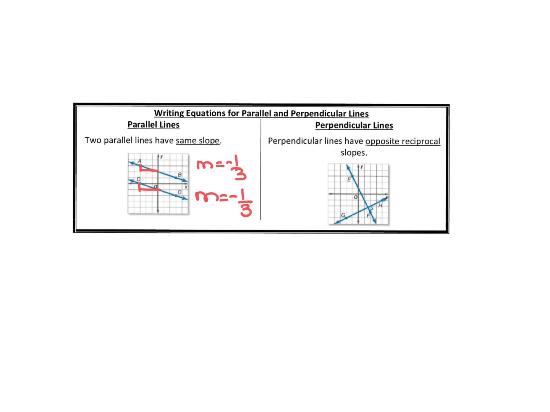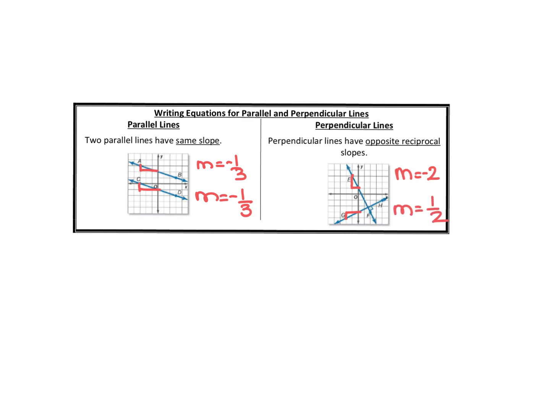Remember that perpendicular lines have opposite reciprocal slopes. And so I would be going down 2 over 1. So I have a slope of negative 2. And then for the other line, I've got a slope of 1/2, so my slope is equal to 1 all over 2.